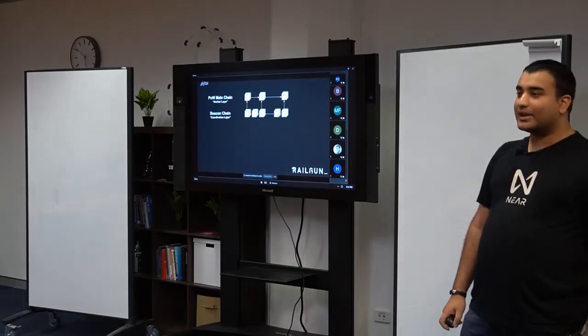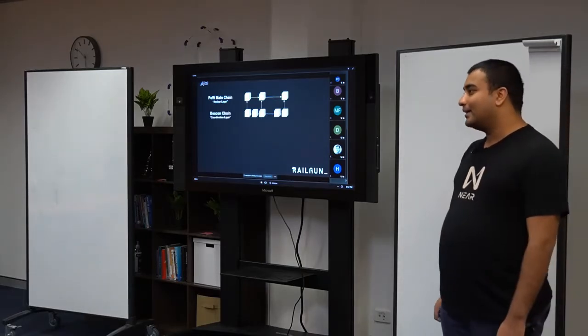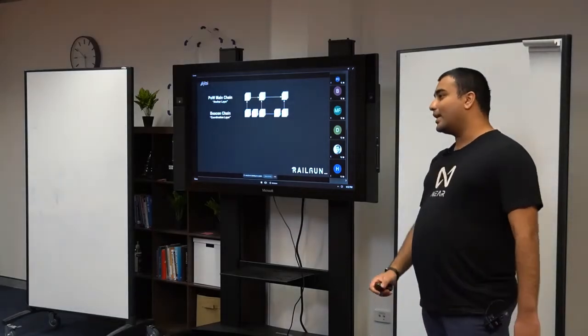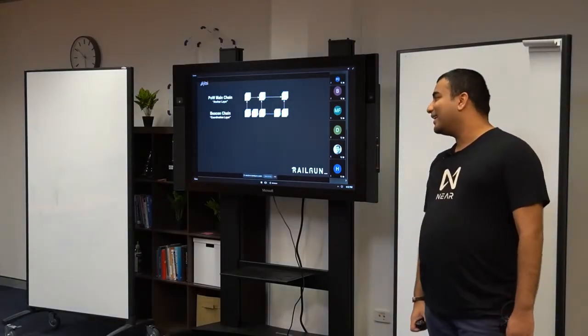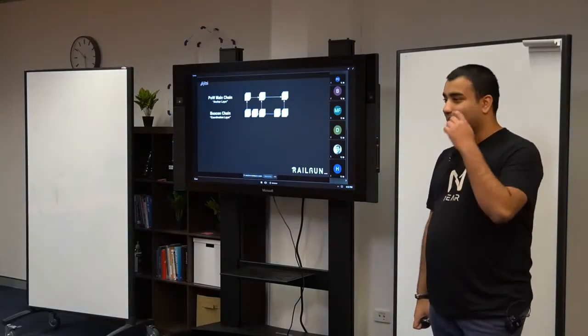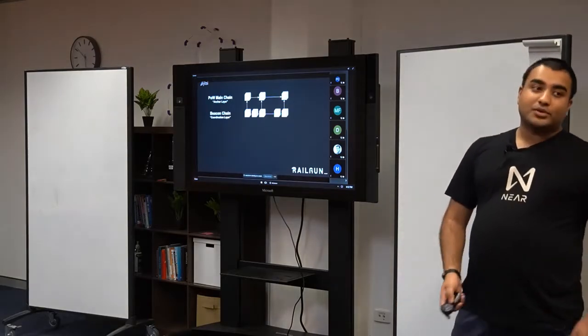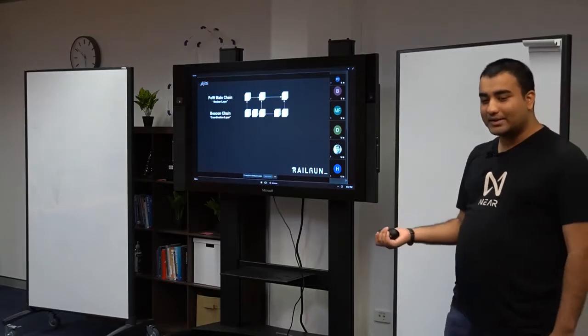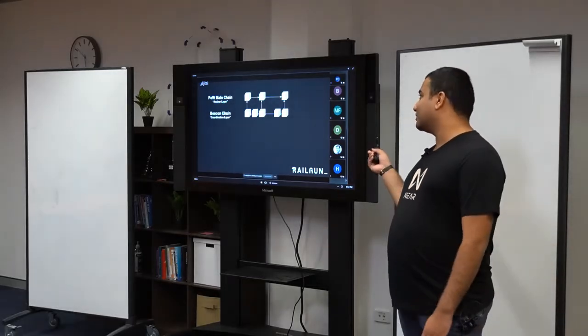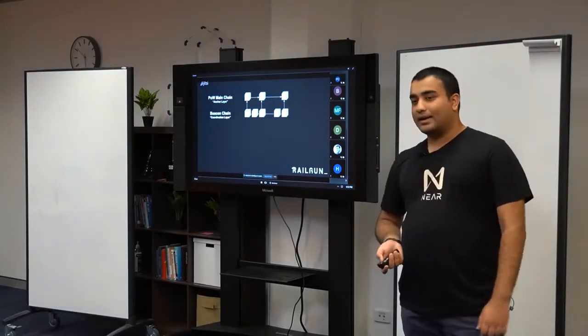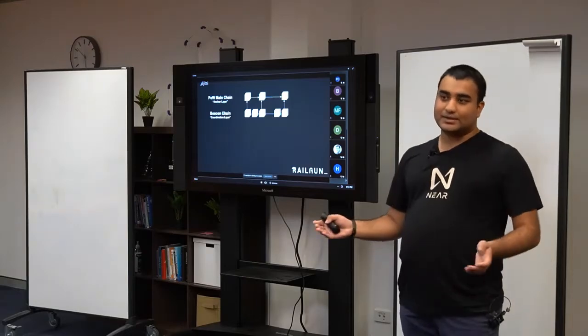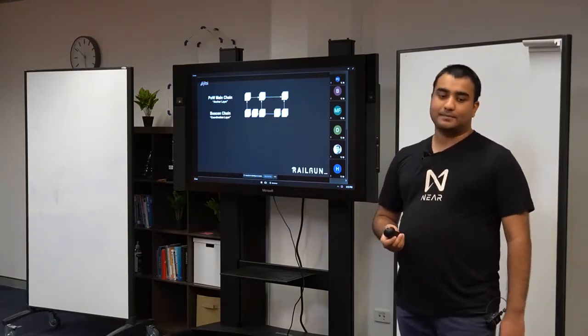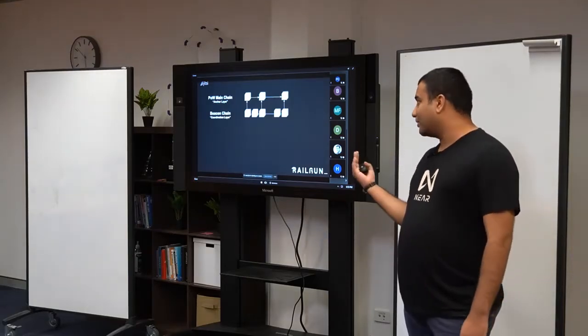So right at the beginning of the year, we had the ETH 2.0 phase 0 deployment. What you could do there was basically, if you had 32 ETH, you could take your ETH and send it over to this beacon chain. The beacon chain is the first component of ETH 2.0.